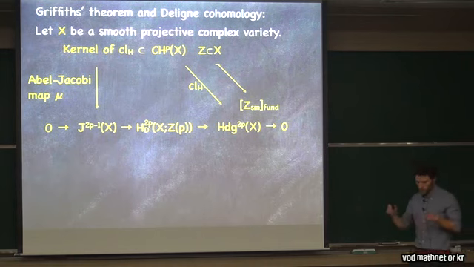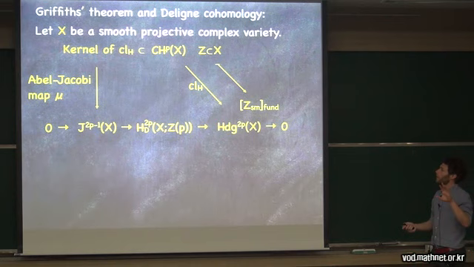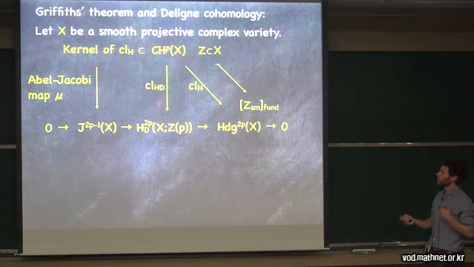So in some sense, Deligne cohomology sees both of these worlds, both the cycle map and the Abel-Jacobi map. It's useful because we also have a separate map from the Chow groups to Deligne cohomology.